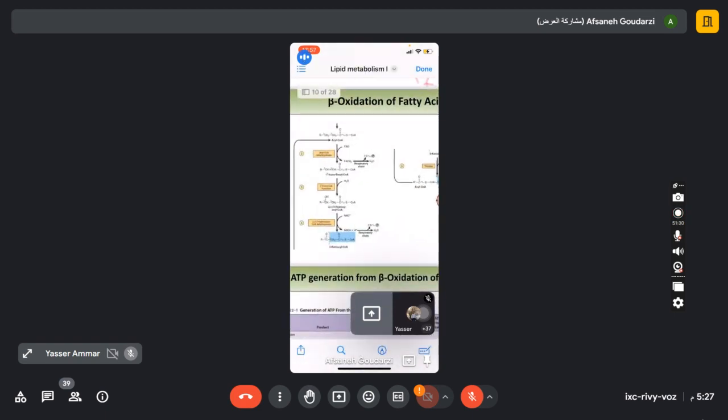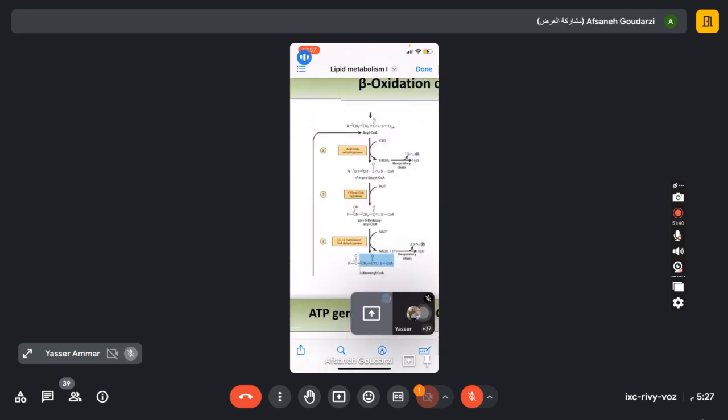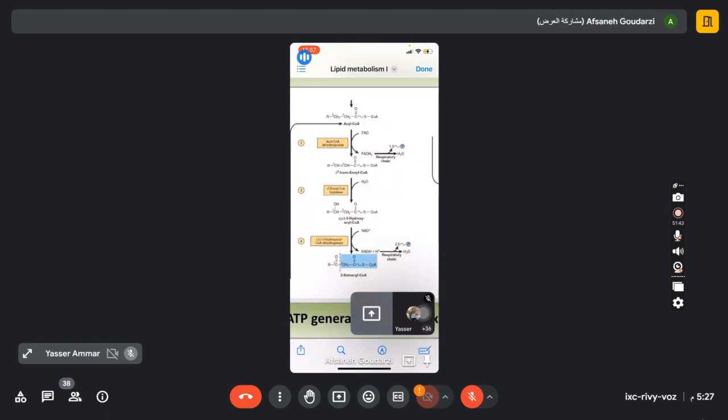Okay, so these are the reactions involved in beta oxidation of fatty acid. So you remember that I told you how acyl-CoA should enter the matrix of the mitochondria. Now we are in the matrix of the mitochondria, and acyl-CoA is ready for beta oxidation.